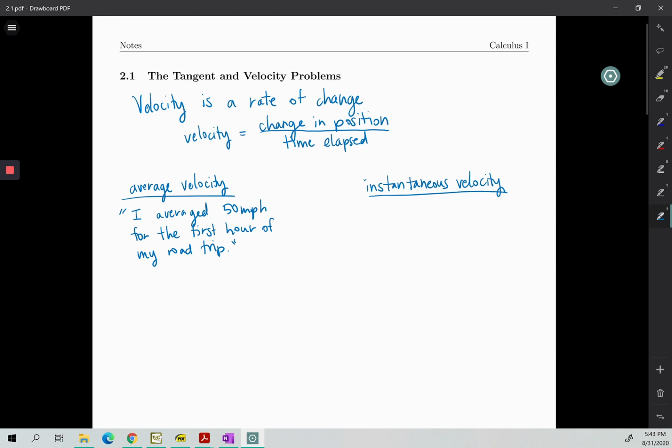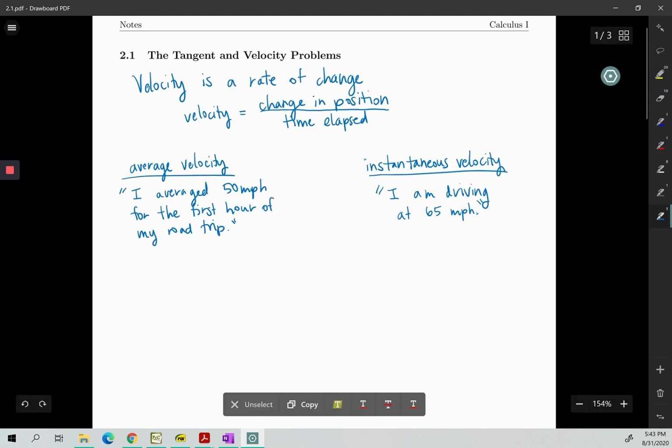For instantaneous velocity, I might say something like, I am driving at 65 miles per hour. Okay. So the difference between the two of these is that in this first case, this happens over a period of time.